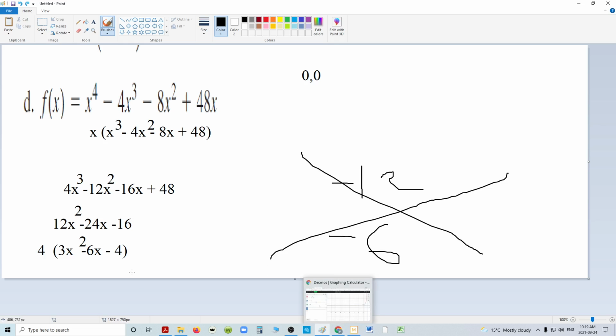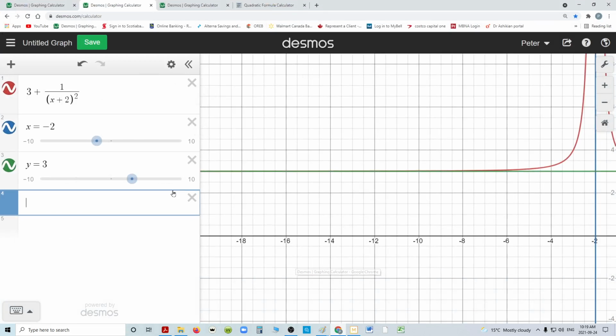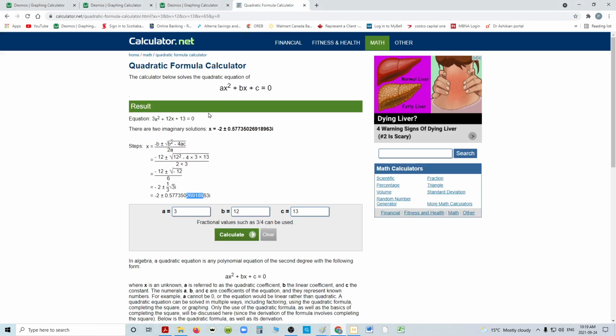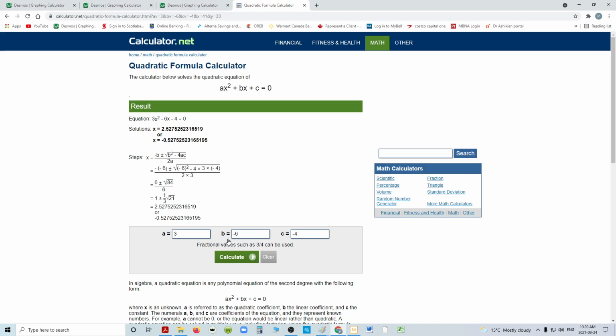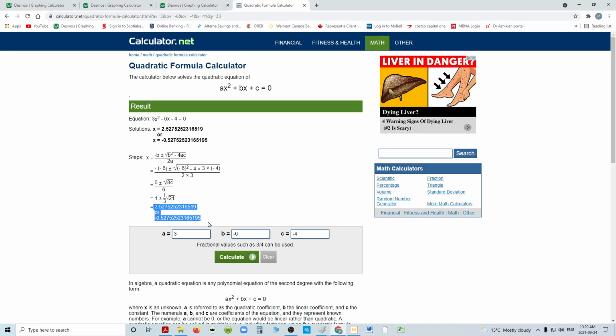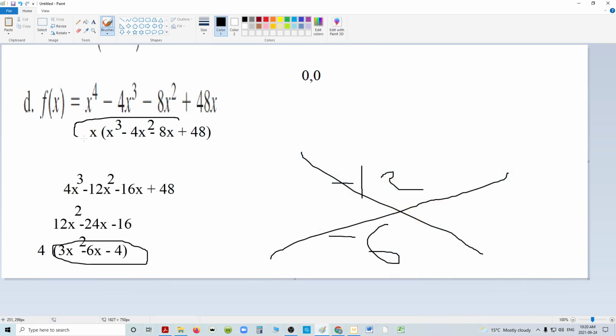But you can throw this second derivative, 3x squared minus 6x minus 4, into the quadratic formula to see if you come up with imaginary numbers. No, you don't. So that means it came up with 2 inflection points, which means there's going to be some max and mins on this. Notice it's not clean, which means I can probably find clean factors of this.